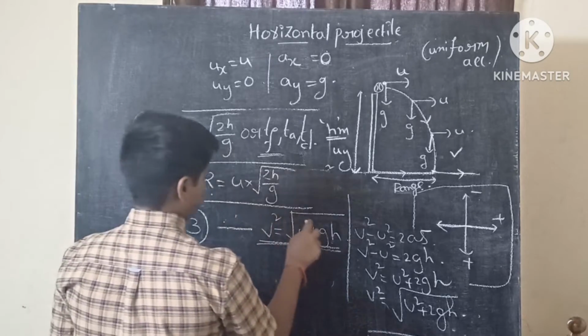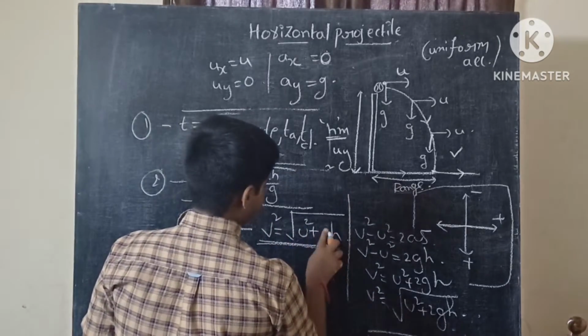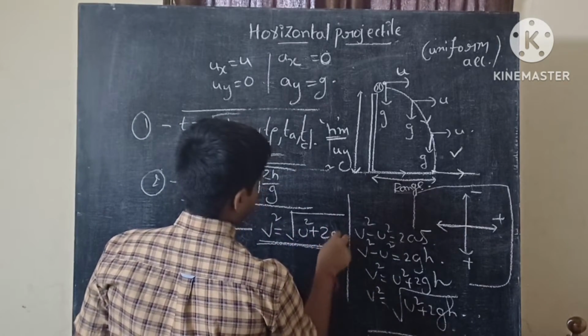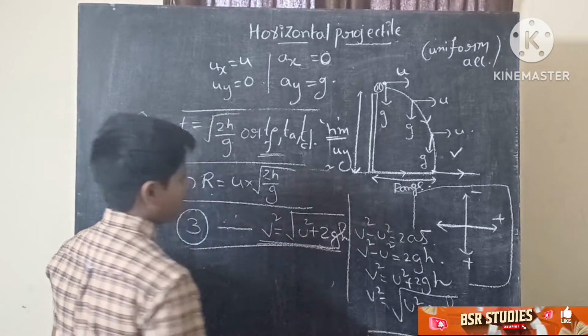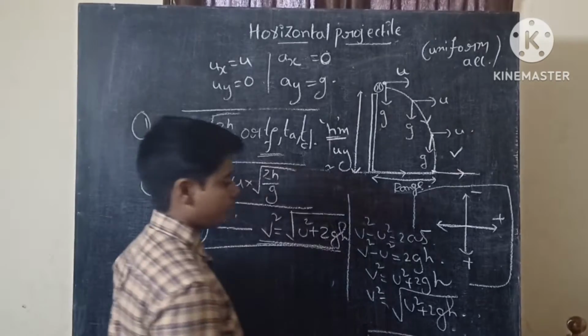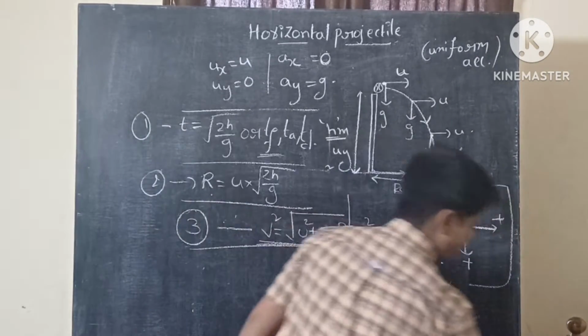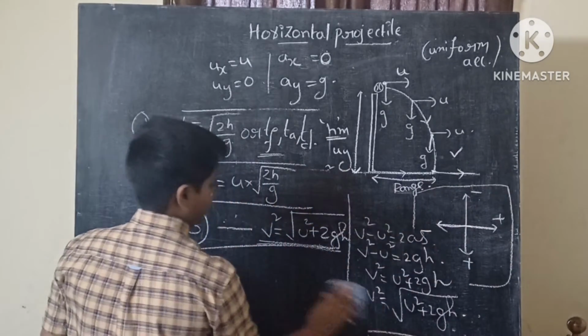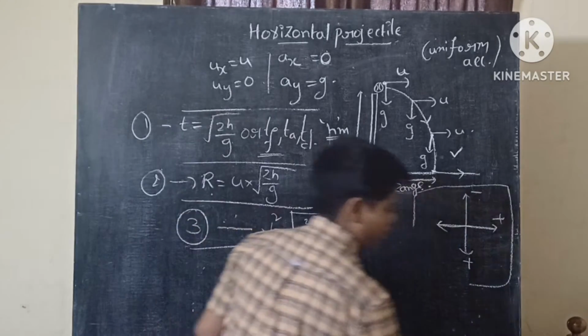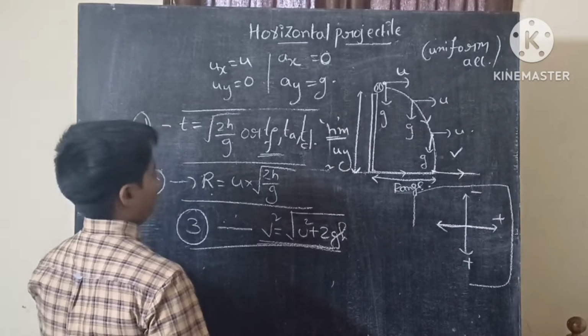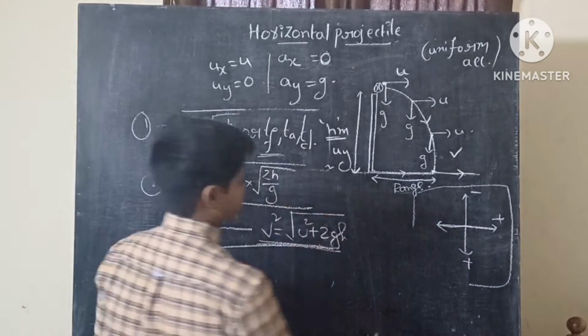So v square equals u square plus 2gh. So this is another formula. Note down these three formulas, very important for finding velocities or height or any other calculations.